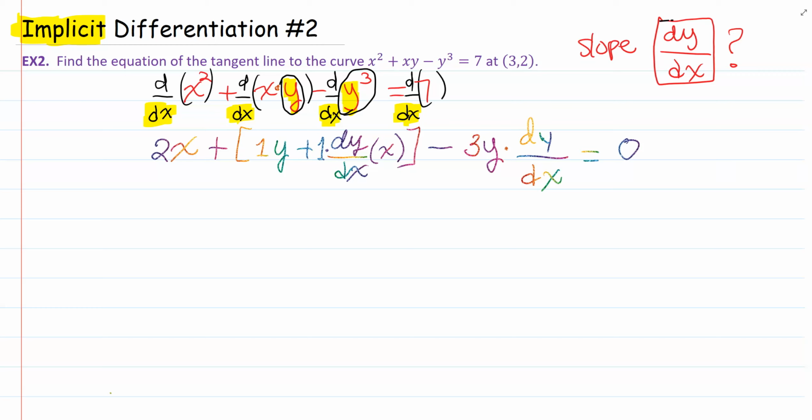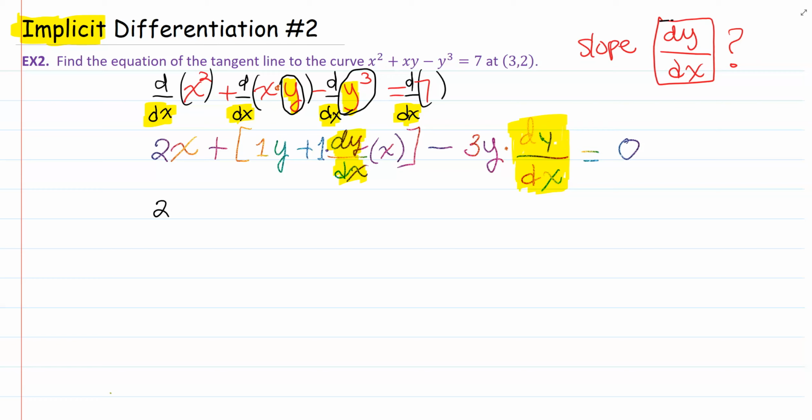Make sure you know that y is a function in terms of x, so that we have to multiply by the inside derivative, which is dy/dx. Now, what are we looking for? We're looking for dy/dx, which is the term that I just shaded there. So let's clean this up and solve for dy/dx.